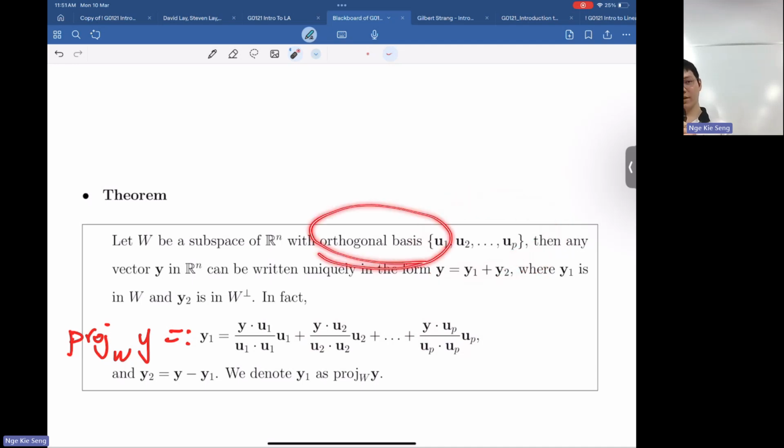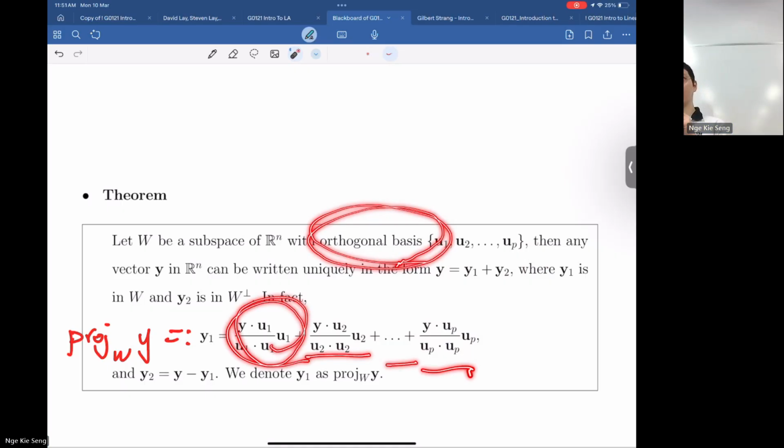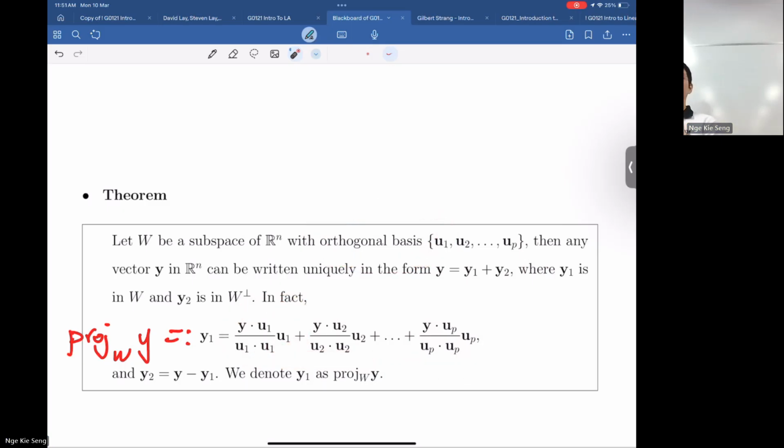You need to start with an orthogonal basis first, and then do the same projection onto each basis vector, and then add them up. That's all. Can you remember the process? It's just doing projection onto multiple lines that are orthogonal to each other.